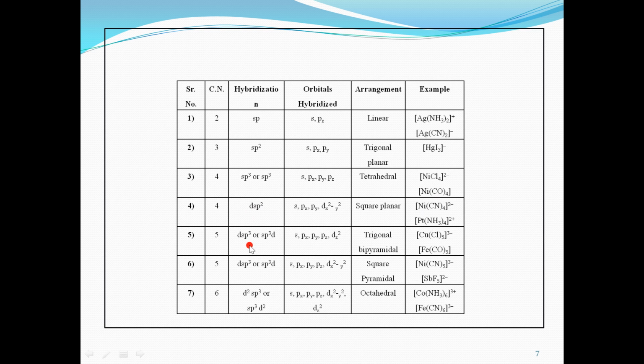Then for dsp3 hybridization, the trigonal bipyramidal structure, the example is [CuCl5]3-, then square pyramid, here [Ni(CN)5]3-, and octahedral structure [Co(NH3)6]3+, having the d2sp3 or sp3d2 type of hybridization. This is explained with the inner shell and outer orbital complexes likewise.